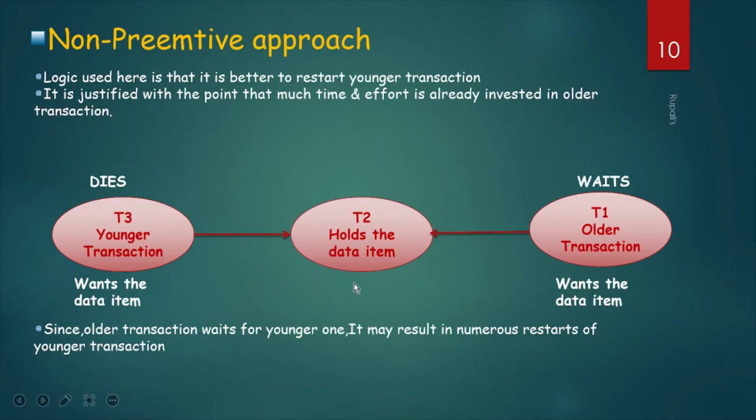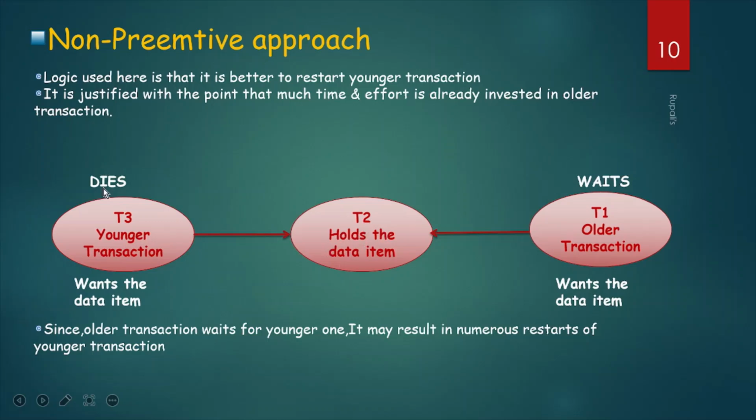Means what? Say T2 is one transaction which holds one data item. Now one older transaction T1 comes and wants that data item that is held by T2.